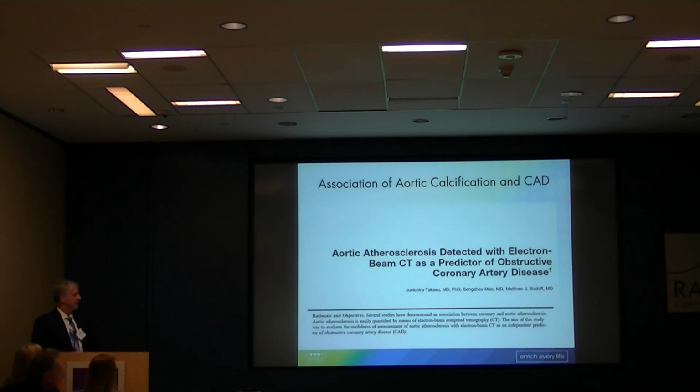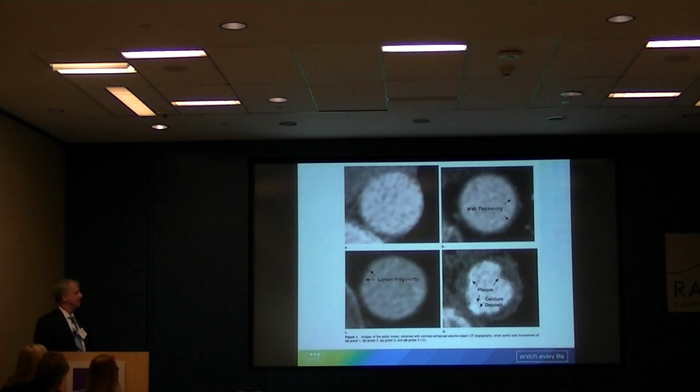Basically, they took individuals who were going to have a heart catheterization, I believe 97 individuals, and they did a CT of their aorta to look at both CAC and TAC, thoracic aortic calcification. They found a pretty good relationship between those two.